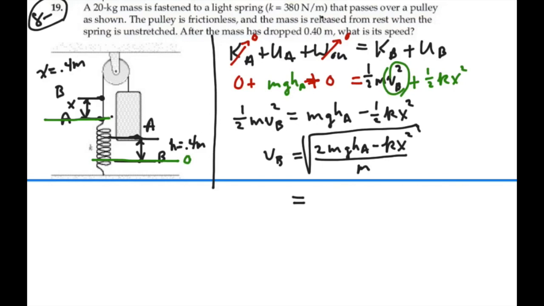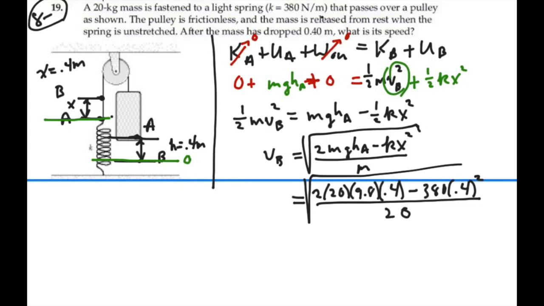And so if I put in my numbers, I'm going to have 2 times the mass, which was 20 kilograms, times 9.8 for g, times the height at A, which is 0.4 meters, minus k, which is 380, times x, which is 0.4 meters as well, squared, divided by the mass, which is 20, all this square root.